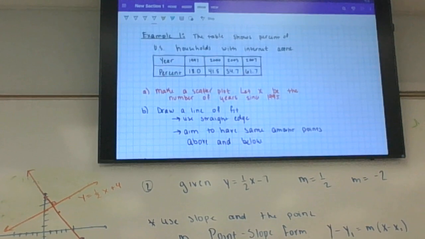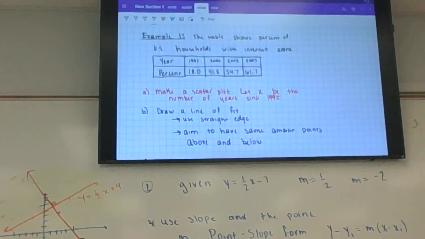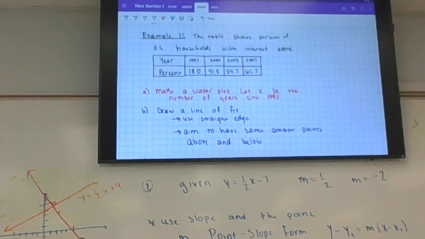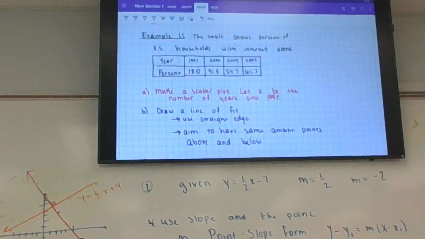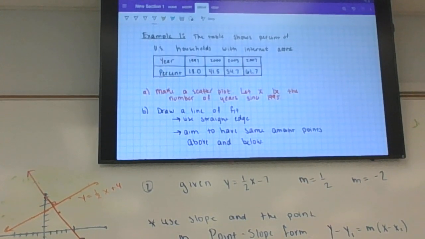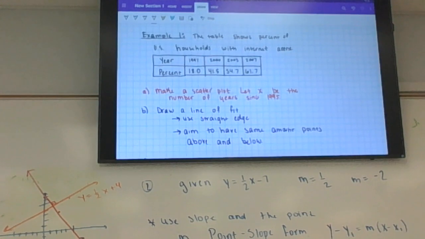Okay. So in 1997, only 18% of households had internet. 2000, we're up to 41%. We have to draw this stuff. What intervals are you using on the x-axis? I started with 0 and then I went by 1.